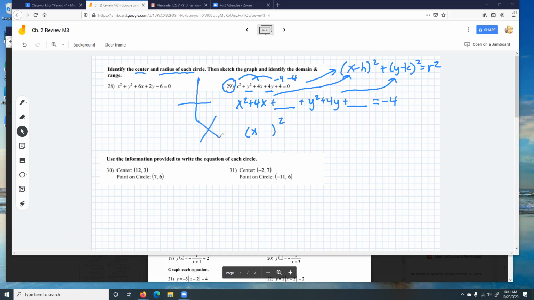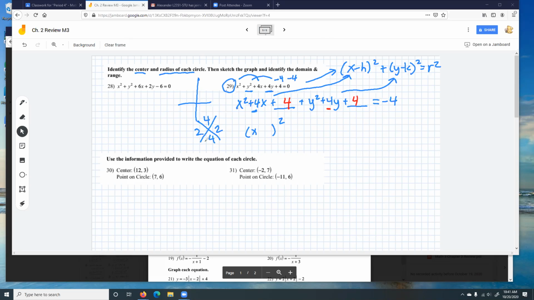So let's see. If I take half, my middle number is 4, and that's 2 and 2 split up. If I multiply 2 times 2, I get 4. So 2 plus 2 is 4, and 2 times 2 is 4. So I need to put a 4 here. And since this is 4, I'm also going to add 4 here to complete this square, right?